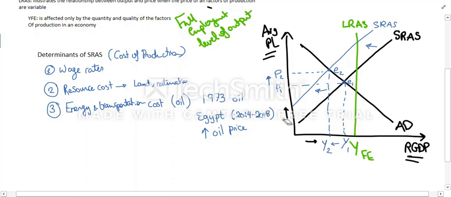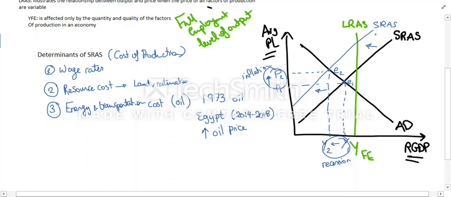Let me just erase these two arrows to avoid any confusion. So what do you notice happening to the economy? Prices rise, this is inflation. Output falls, this is recession or stagnation.